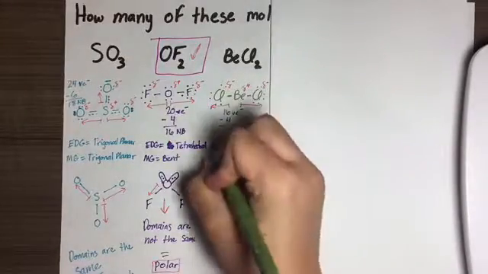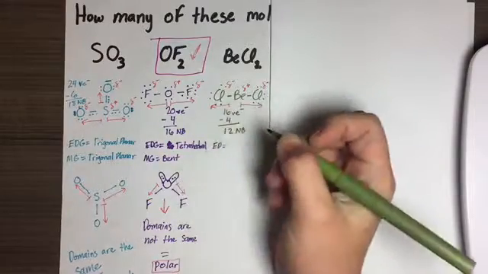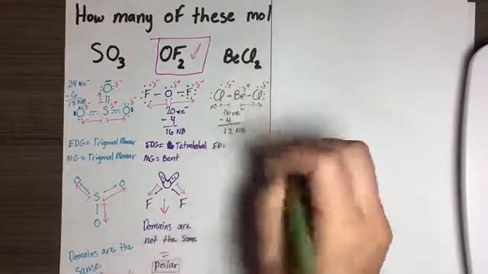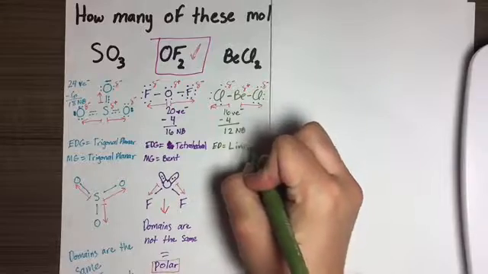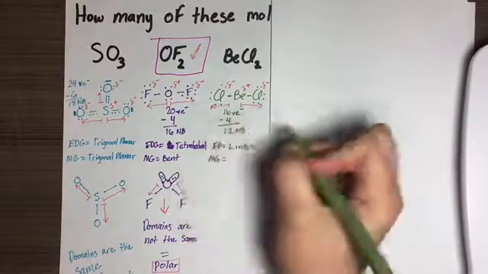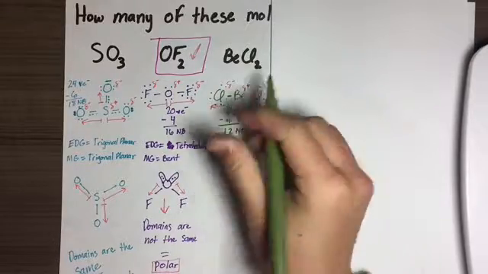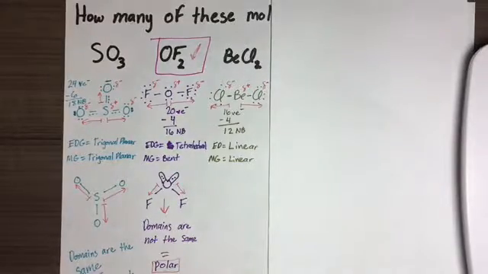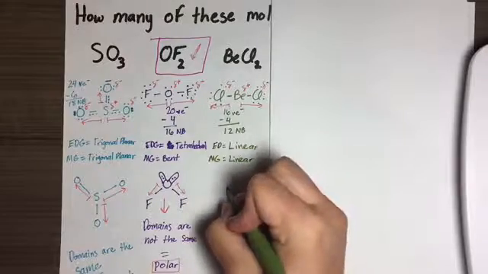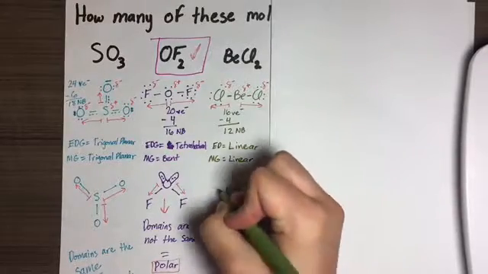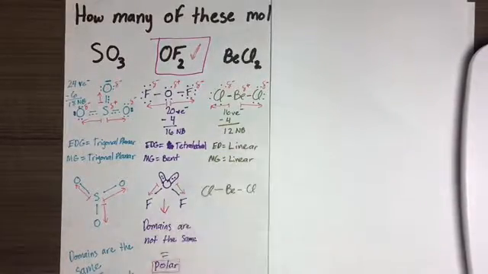So our electron domain geometry, there's 2 domains, so it will be linear. And our molecular geometry will also be linear because it does not have any extra non-bonding pairs on beryllium. So it's going to be B going out to 2 Cls.